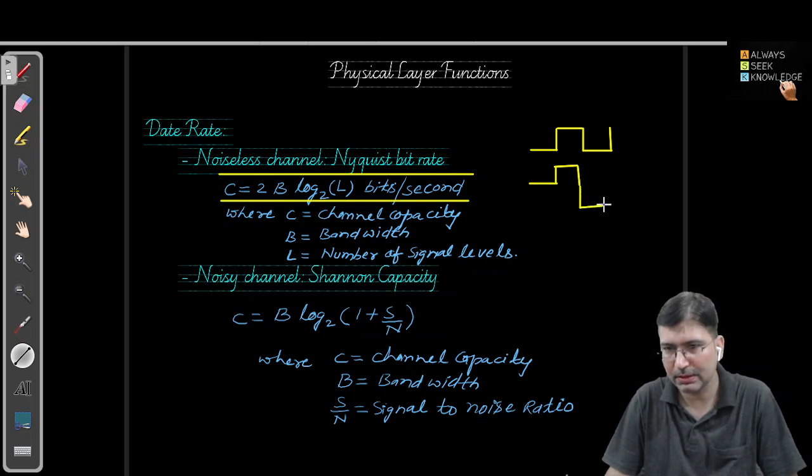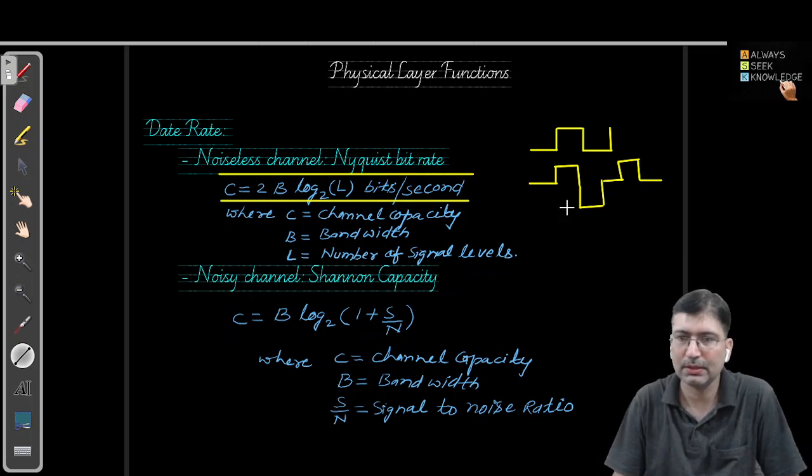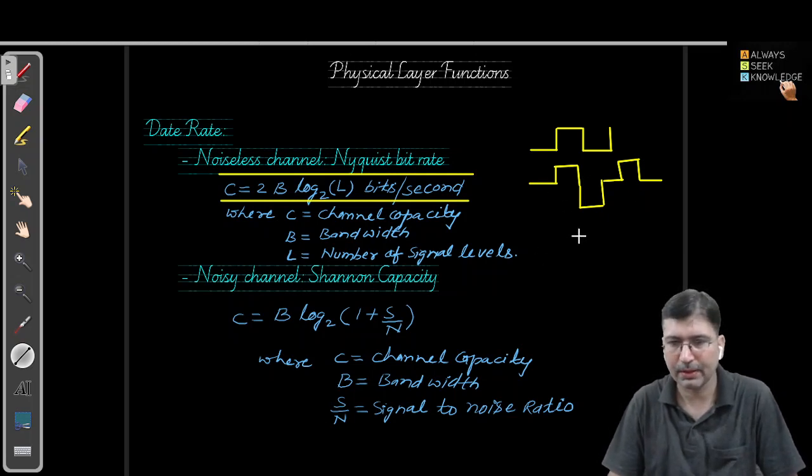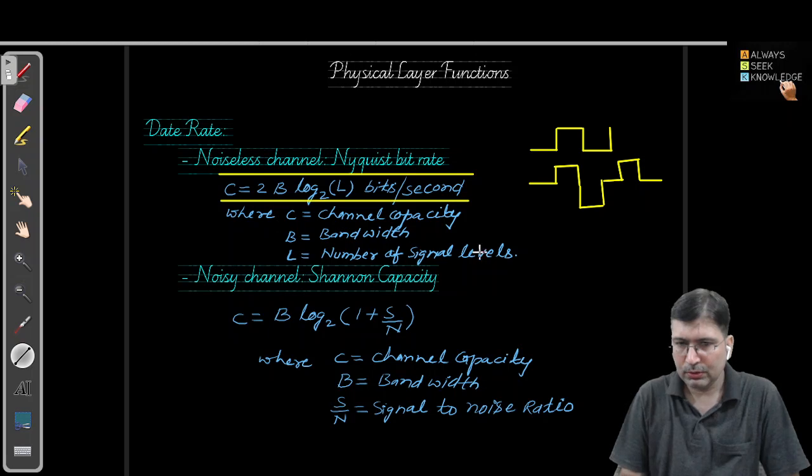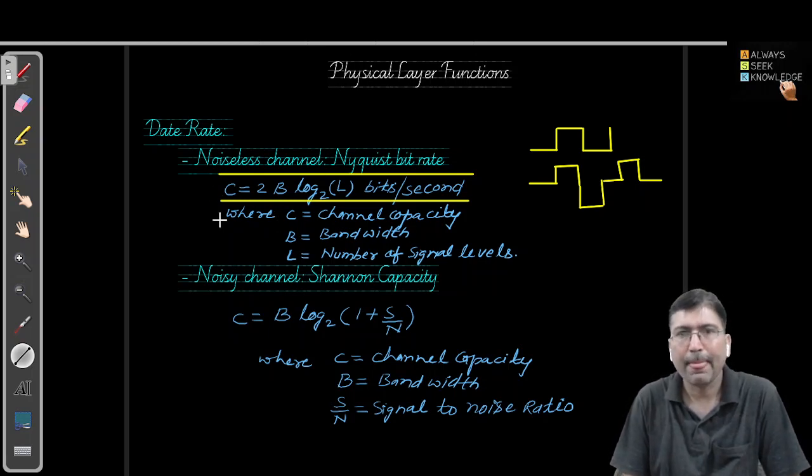So it goes like this, it comes to 0 level, then maybe it is going up. So in this signal, you can say there are three levels. So L is equal to 3 in this, there is a negative level also, right? So with the help of this formula, we can calculate the channel capacity if the channel is noiseless.